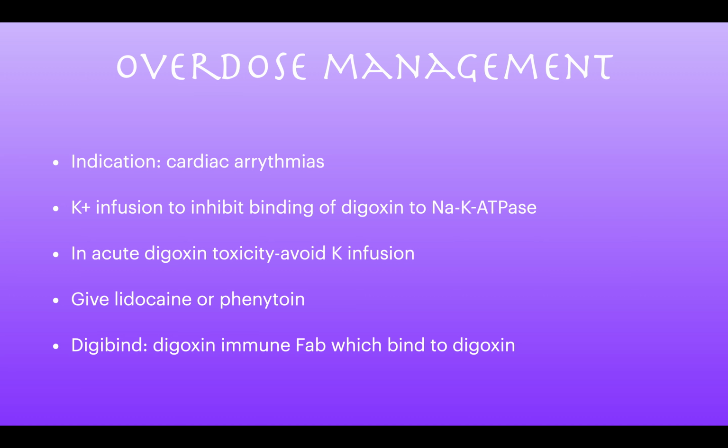In acute digoxin toxicity, you actually avoid the potassium infusion. So first line treatment, you want to give lidocaine or phenytoin to control the heart rate first, and then start a potassium infusion, and you titrate upwards. Nowadays, we can use DigiBind, which is digoxin immune Fab, which just binds directly to digoxin.